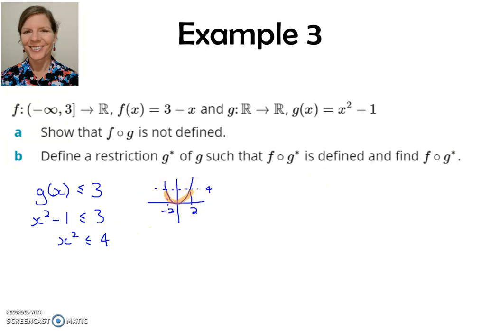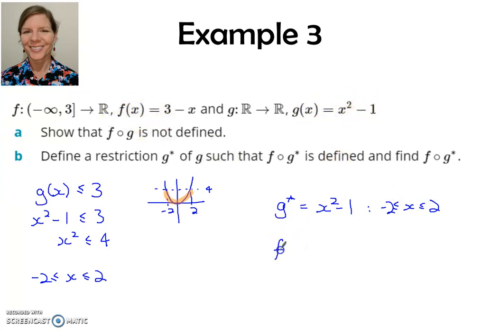So in this case, the values for x that we're looking at are between -2 and 2. Then we can define g star. G star is going to be x squared minus 1, so it's the same function, but given that x is between -2 and 2. And if we apply that restriction, then any values that come out of here will be able to go into f of x.